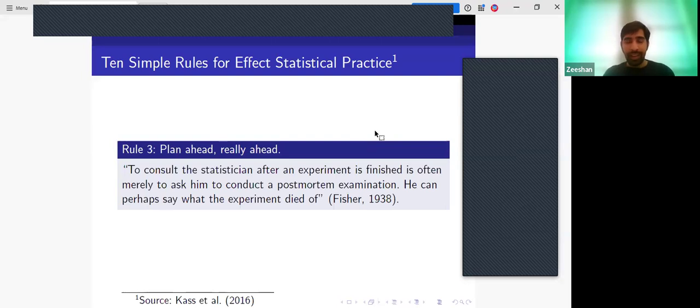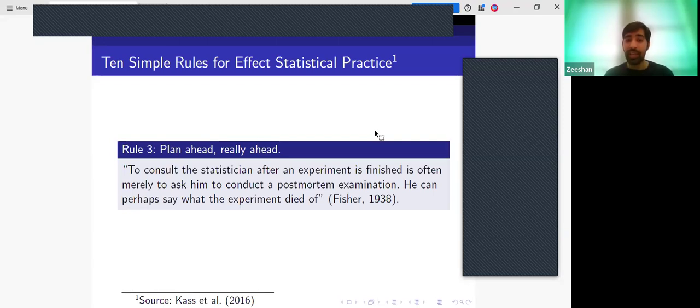If you are analyzing some kind of data, you should think about all those things from the very beginning, instead of analyzing first and then going to the statistician. I'm just going to quote a very famous statistician's words: to consult the statistician after an experiment is finished is often merely to ask him to conduct a postmortem examination.